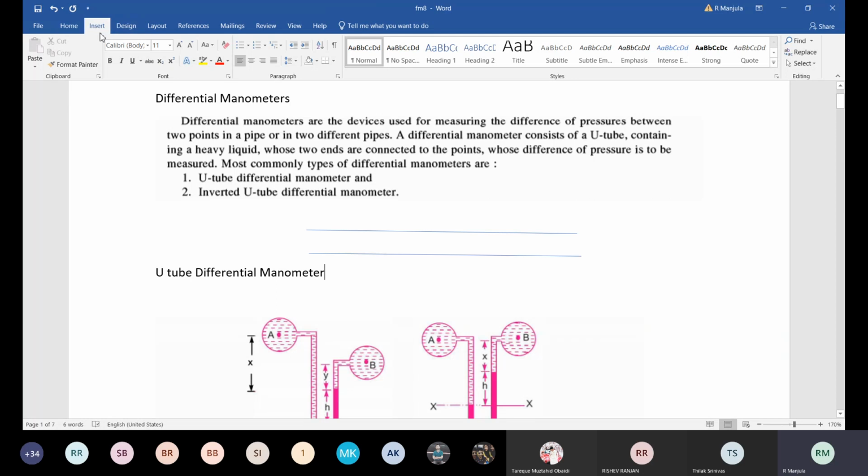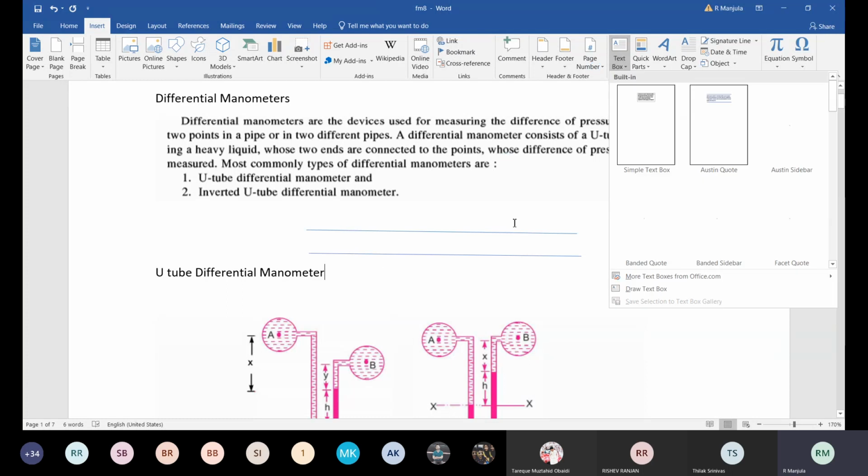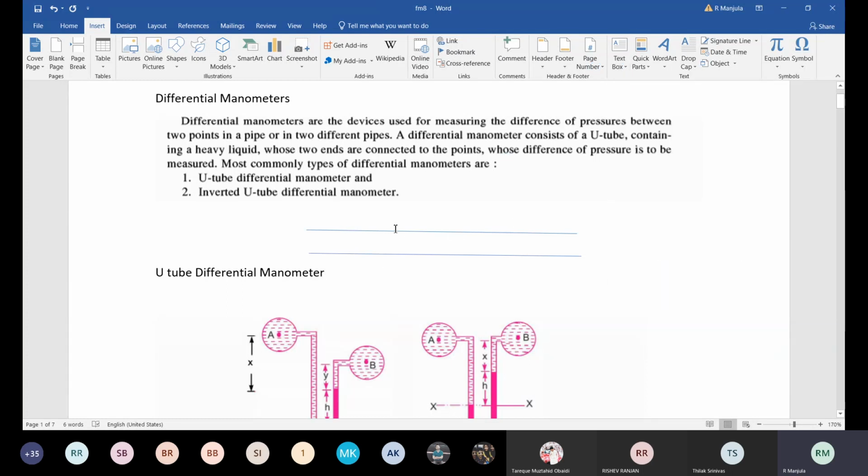Here I would like to measure the difference of pressures between 2 points, point A and somewhere here at point B. In the same pipe, I can connect a differential manometer at these 2 points A and B. So that represents 2 points in the same pipe.